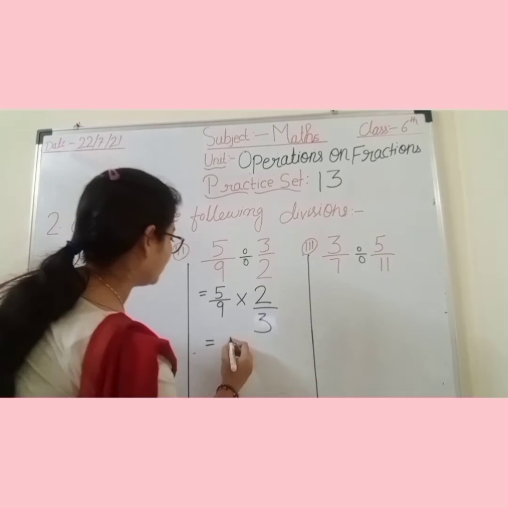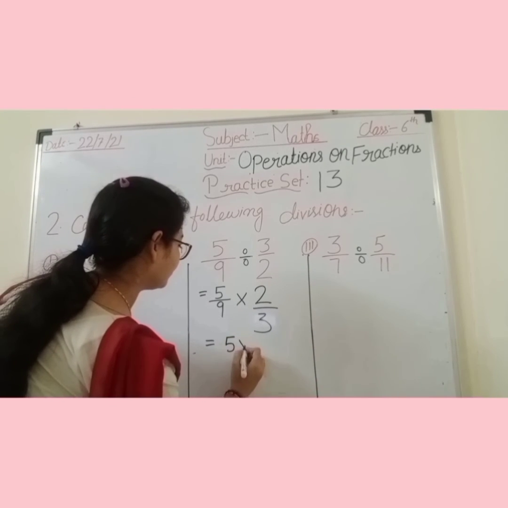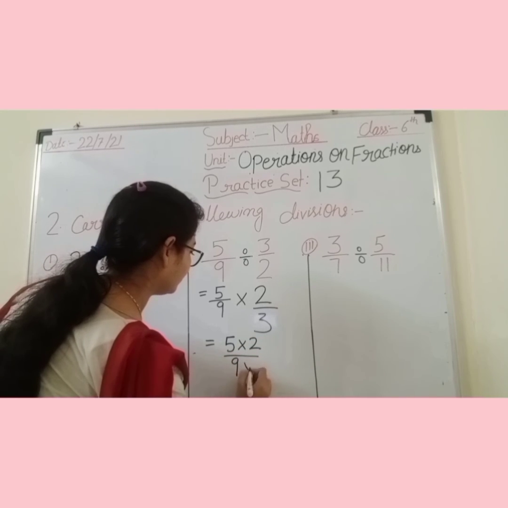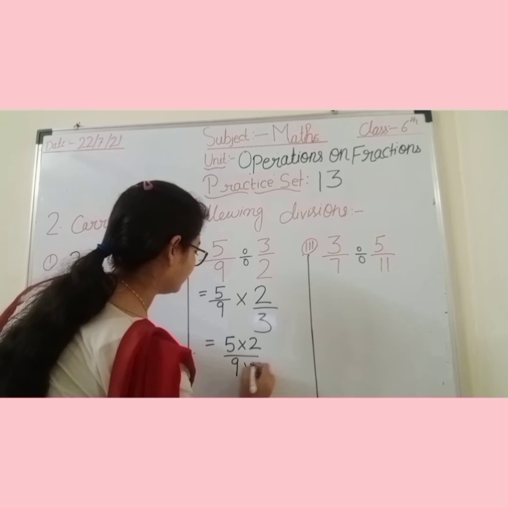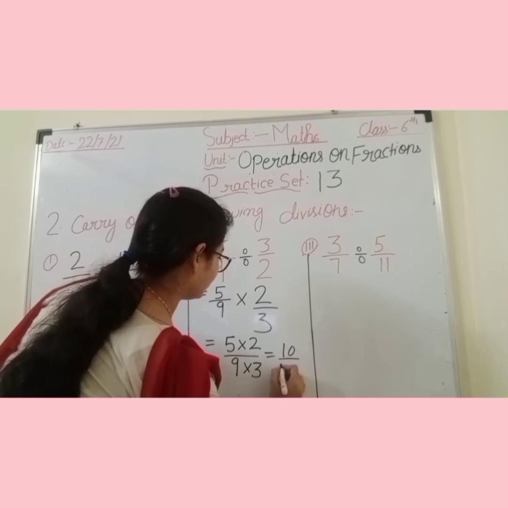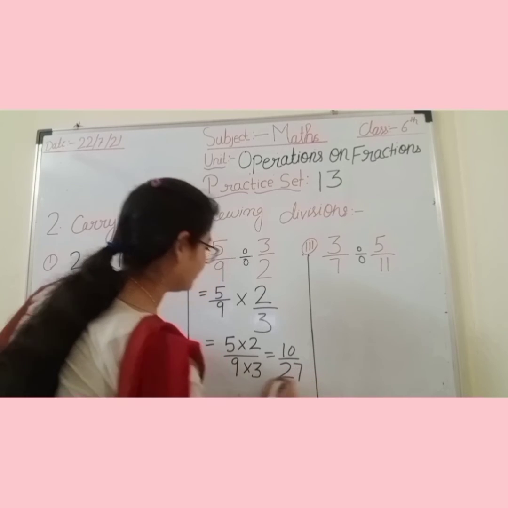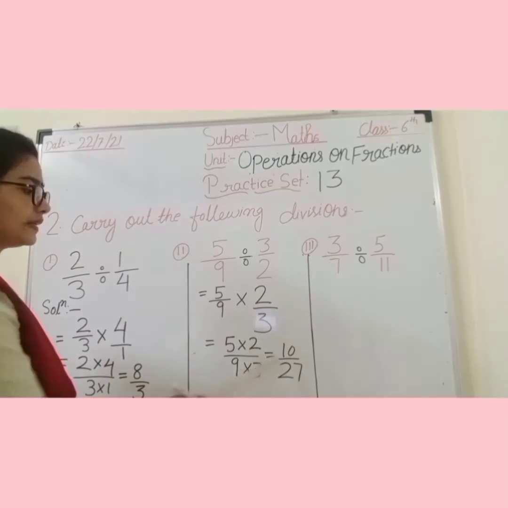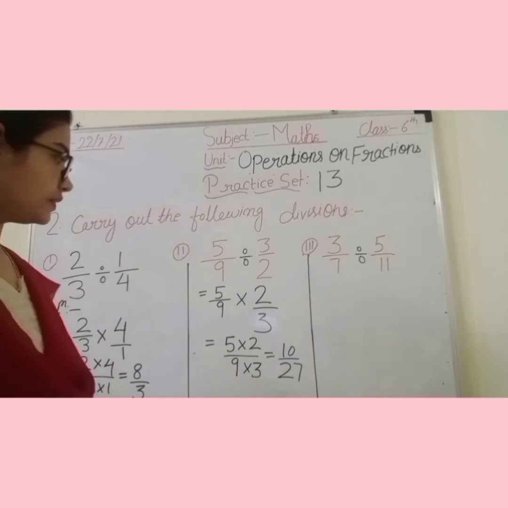So I have multiplied this. 5 2s are 10, 9 3s are 27. Okay. Let's move to the next.